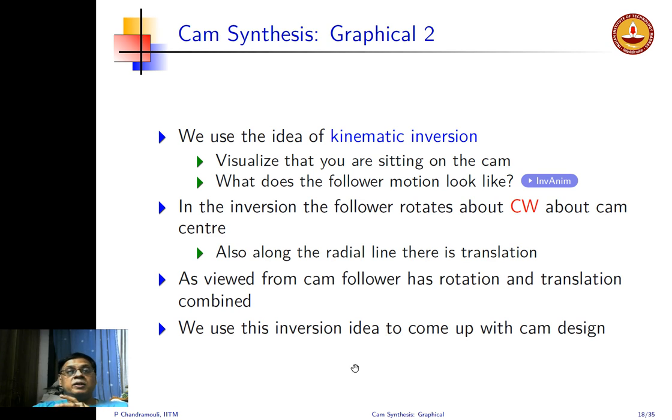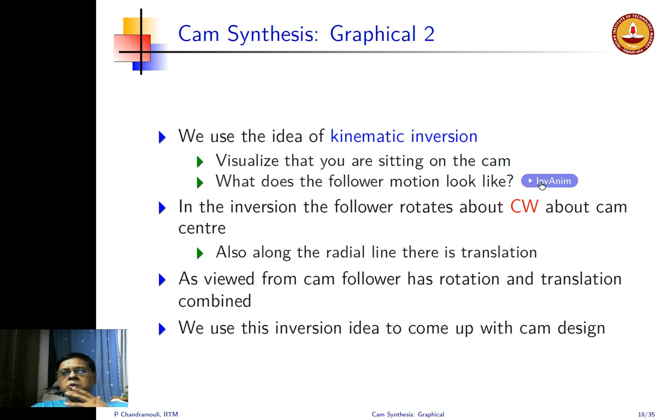Similarly here, in order to design the cam, we are going to rely on the idea of kinematic inversion. So what do we mean by that? Usually, when you look from an observer in a fixed frame, the cam is rotating and the follower is translating. Now, imagine I'm going to sit on the cam. What does the follower motion look like?